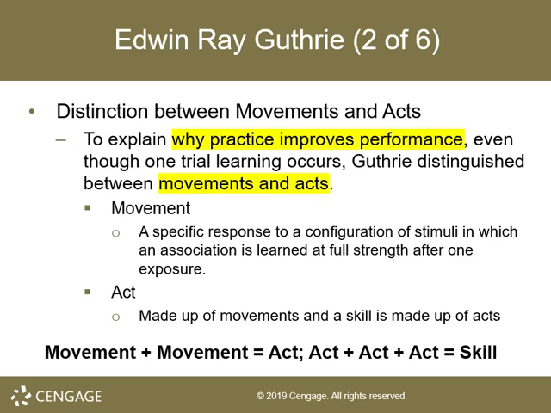So movement plus movement equals an act, and act plus act plus act, as an example, equals a skill. So we see them breaking down our behavior, what it is that we learn, and how we learn it, based on these components of movements, acts, and skills.